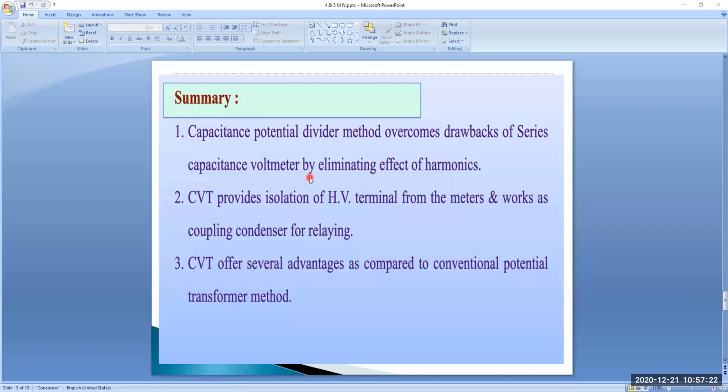Second, CVT, capacitance voltage transformer, provides isolation of high voltage terminal from the meters and works as a coupling condenser for relaying. CVT is used for multi-purpose, not only for measurement of impulse voltage. CVT offers several advantages compared to the conventional potential transformer method. It's clear. So this is today's lecture. The remaining concepts we will discuss next class.